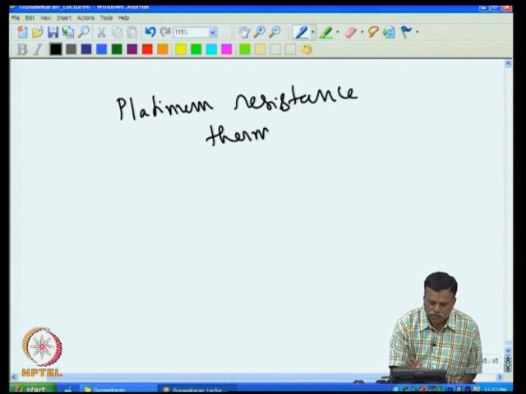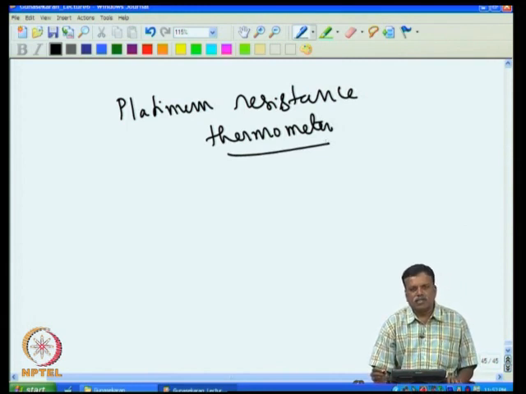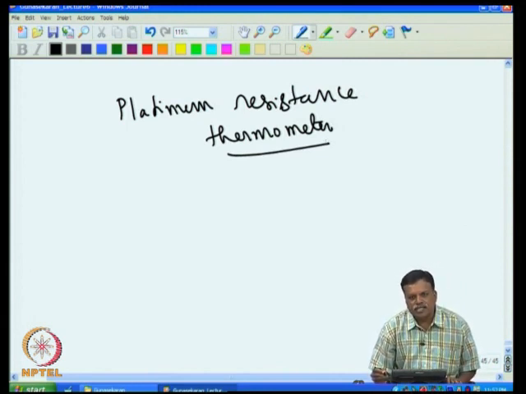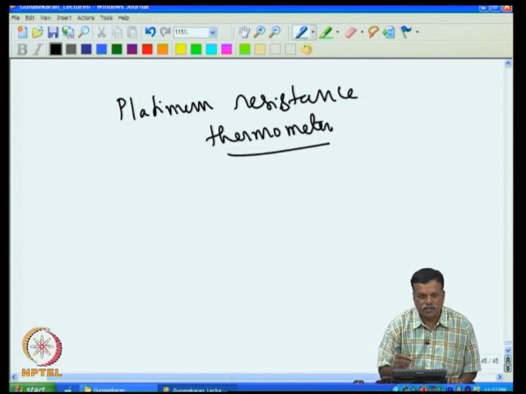Suppose I use a PRT as a sensor, then how to design that stage? Because in analog circuit design, handling the sensor is a very important thing, and then how to compute the error budgeting for that is also important. We have not discussed the error budgeting and so on for quite long.